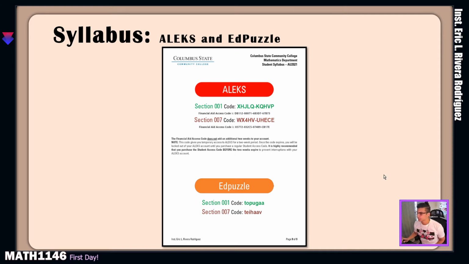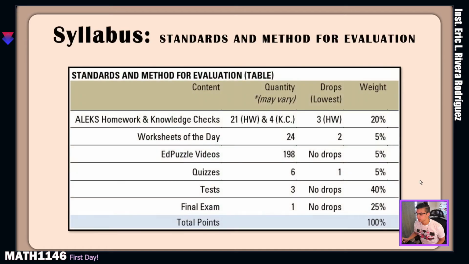The next thing that I want to discuss is the standard method of evaluation. I'm going to focus on the table, but in the syllabus, you have a complete description of each category. And I want to stop here and emphasize something very important for you as a student.